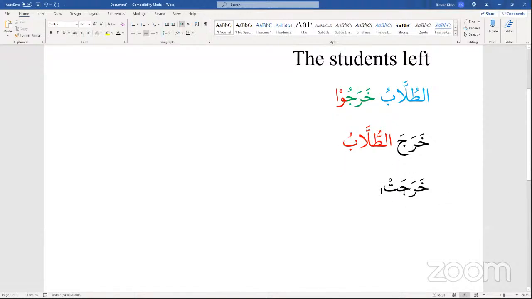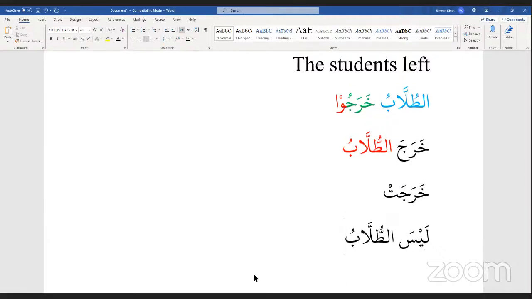Now the same thing is valid for naqis also. So you will say Laysat tullabu. You can say Laysat tullabu sigharan, whatever is your sentence.